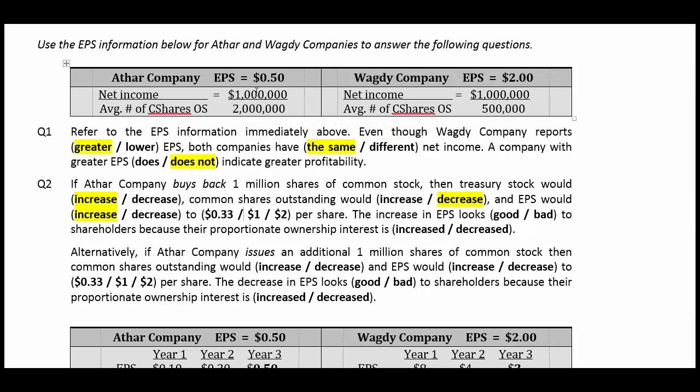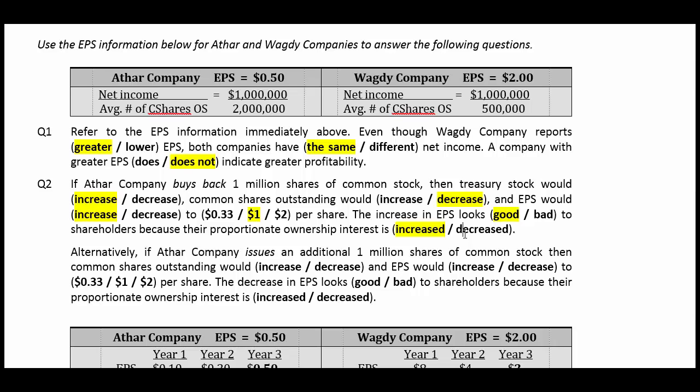So EPS would go from 50 cents to $1. It's $1 million divided by a million shares. The increase in EPS would look good because their share of the ownership interest has increased. Hence, buying back treasury stock increases your earnings per share and your stock price.